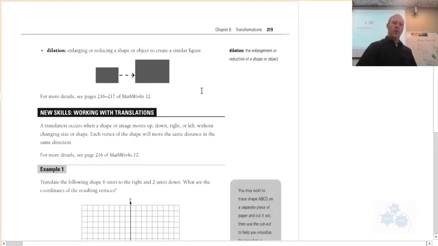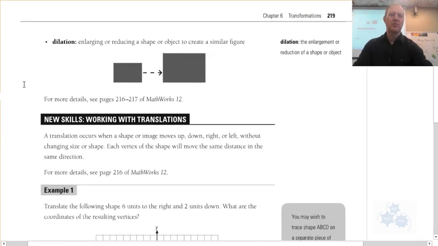Okay, one more. This is a word that maybe you haven't heard much of before. It's called a dilation. You may have heard the phrase, your pupils are dilated. That means your pupils, the black part of your eye, are really big, dilated. They've gotten bigger. So when we talk about a dilation, we talk about an enlarging or a reducing of a shape.